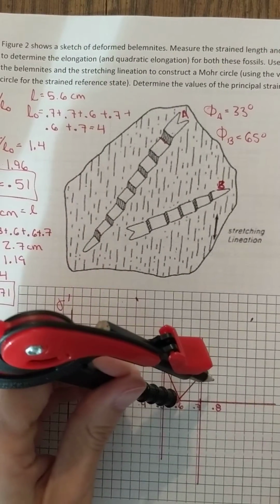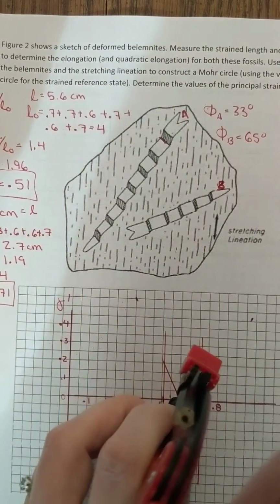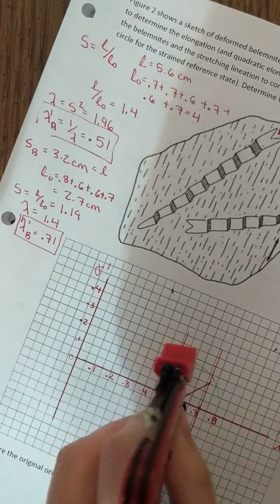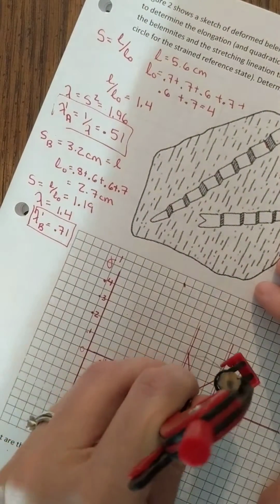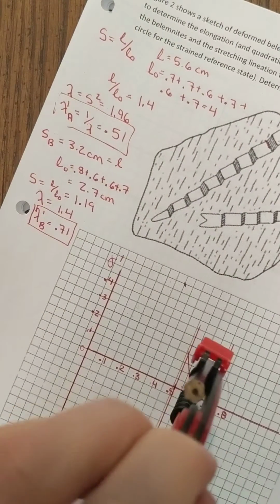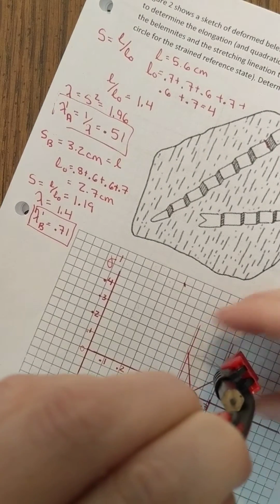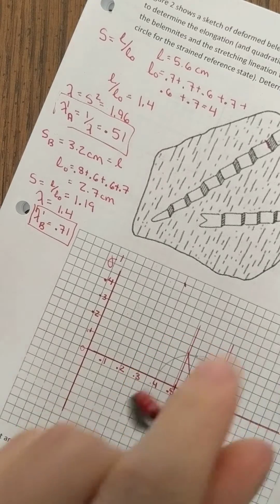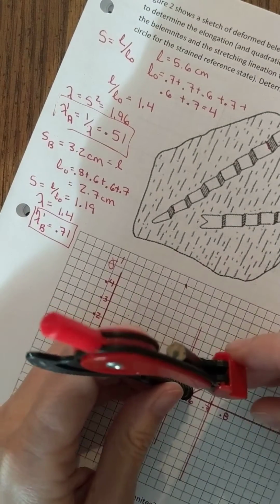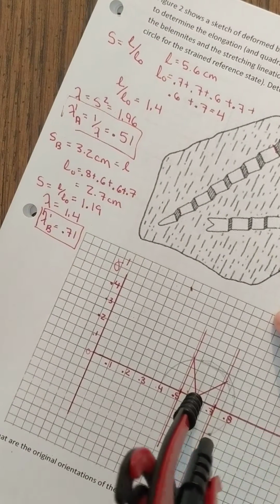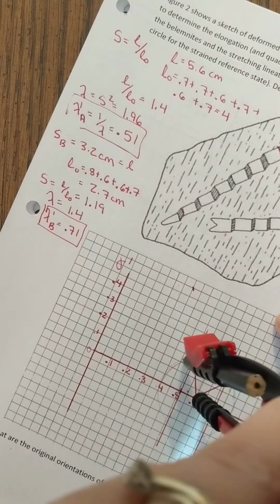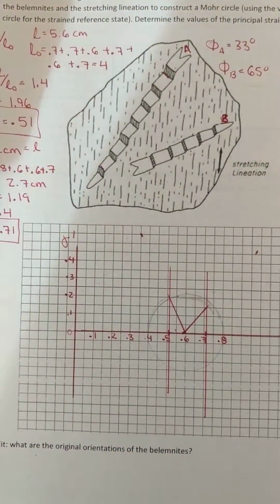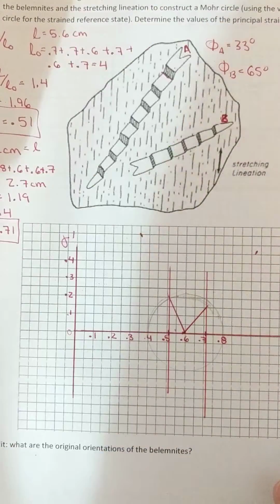So now we take our compass and we figure out the radius that connects both of these points. It's a very poor drawing of a circle, but you can see here that this is now our new circle.